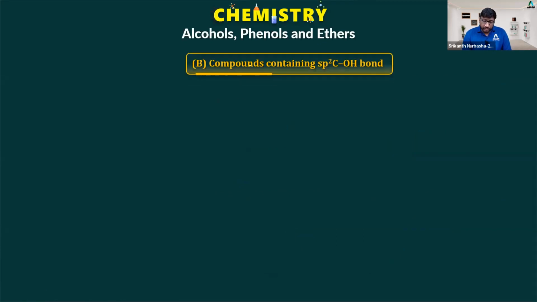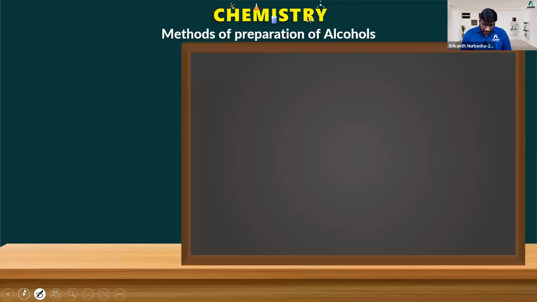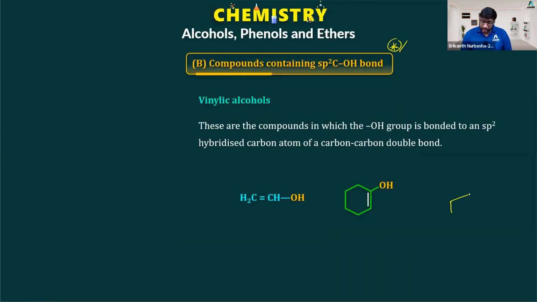And compounds containing sp2 carbon connected to OH, what are these alcohols? Can anyone name? Vinylic alcohols and phenol, we can say. In vinylic alcohols, one of the carbons of the carbon-carbon double bond system is directly connected to OH. And in phenol also, OH is connected to an sp2 hybridized carbon.